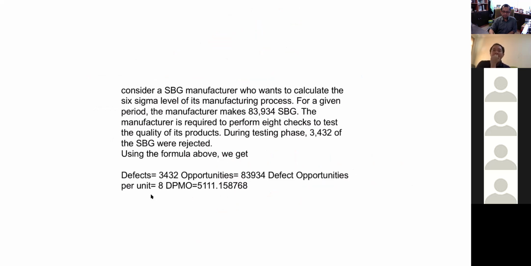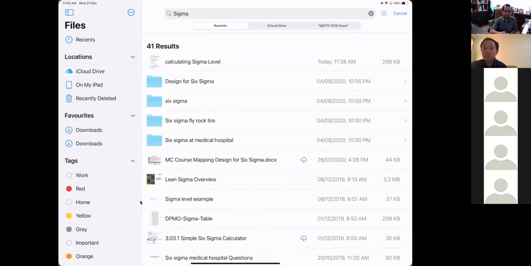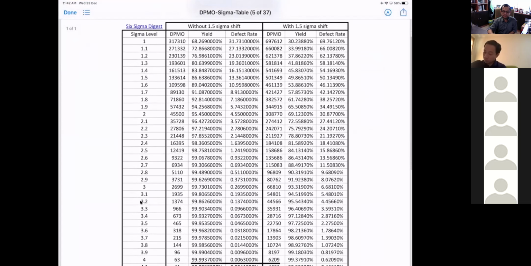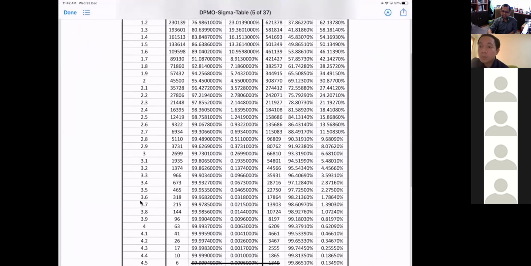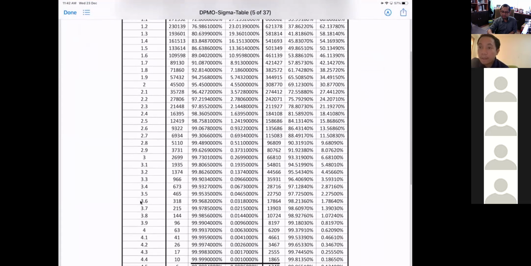So from there, we read from the table 1 to 5,000. 125, 125. DPMO with sigma level 125, 125.